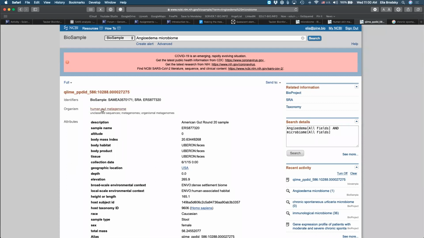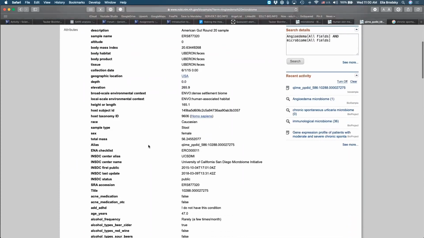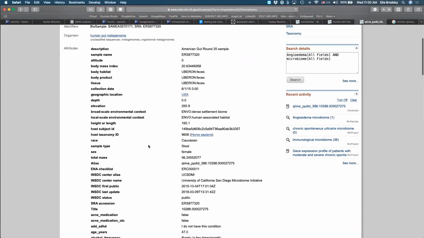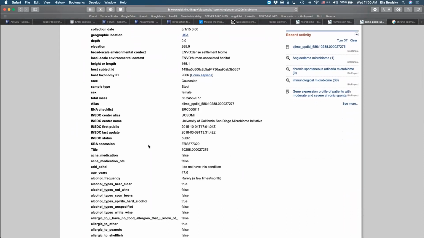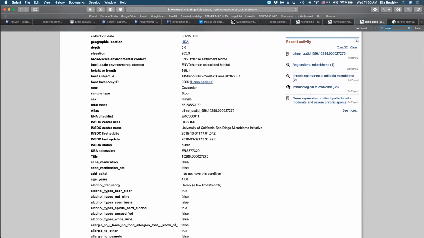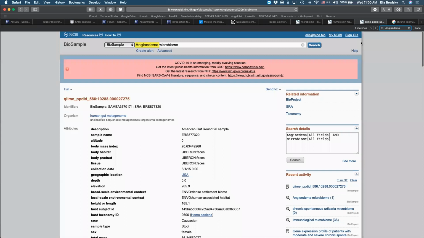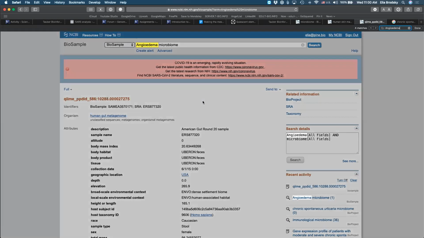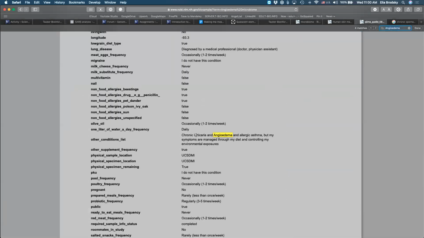Okay, so you can see in the human gut metagenome from the American Gut, what we discussed, there's a specific sample that has this condition. Okay. Chronic urticaria and angioedema and allergic asthma.